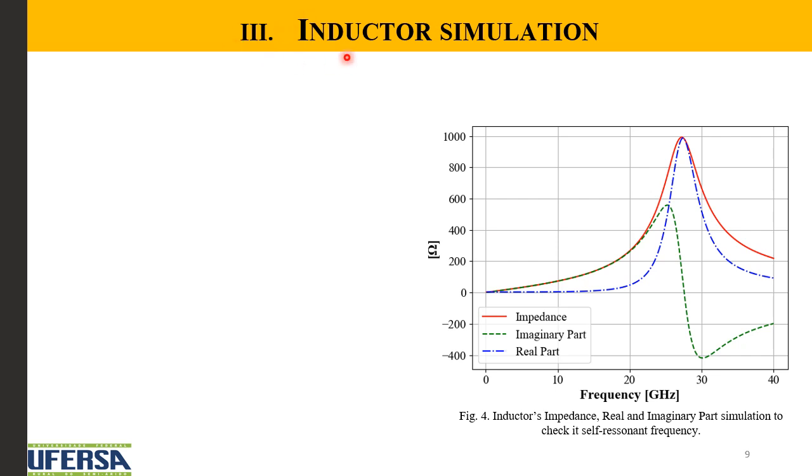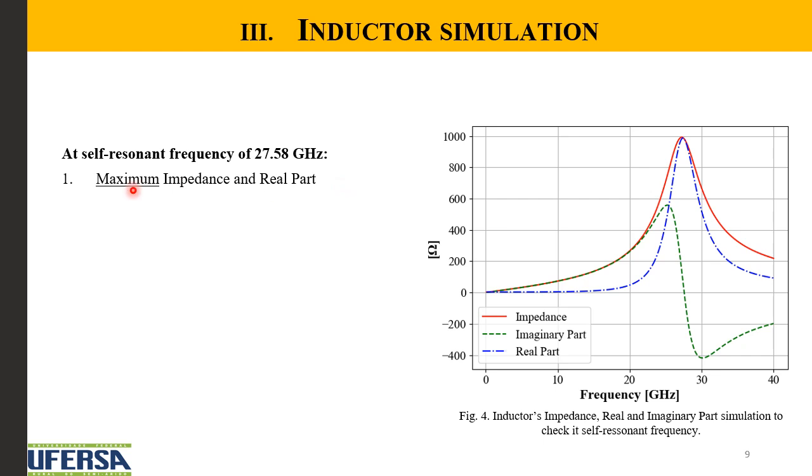So here is the inductor simulation of the impedance, imaginary part and real part. At the self-resonant frequency of 27.58 GHz here, we can see a maximum impedance in the real part and a zero imaginary part.